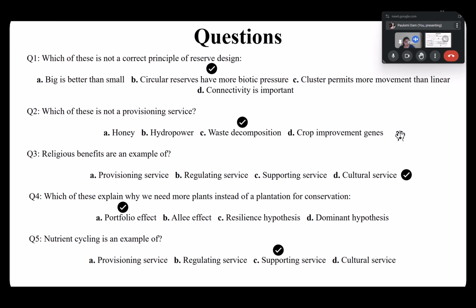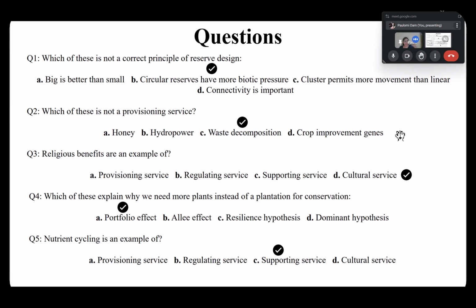The other is the portfolio effect, which says diversification minimizes the volatility of the investment. I'll explain why. Let's say you have a plantation and then you have a disease, or a forest fire, and the plantation is entirely gone because all of it is the same kind of plant. So if you have one disease or one predator, everything goes away together.